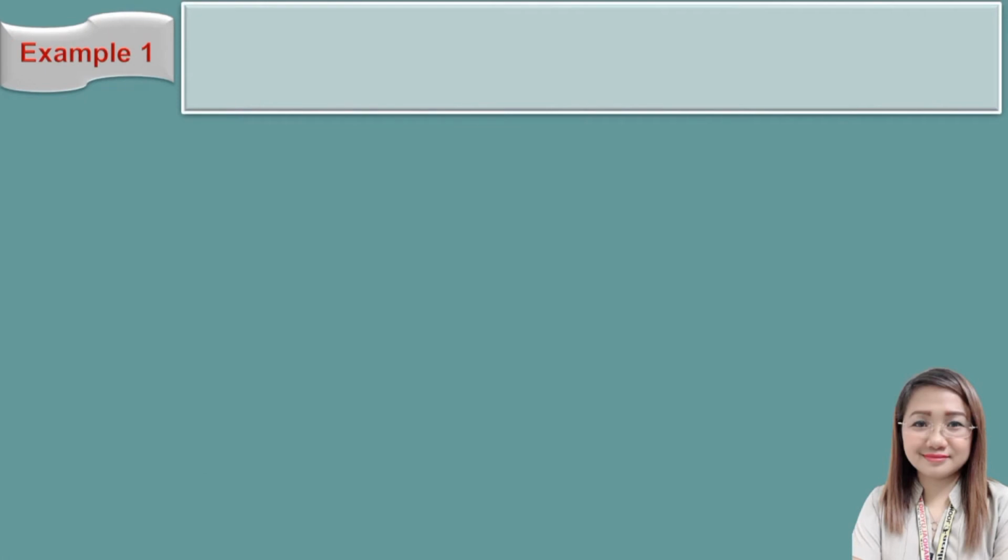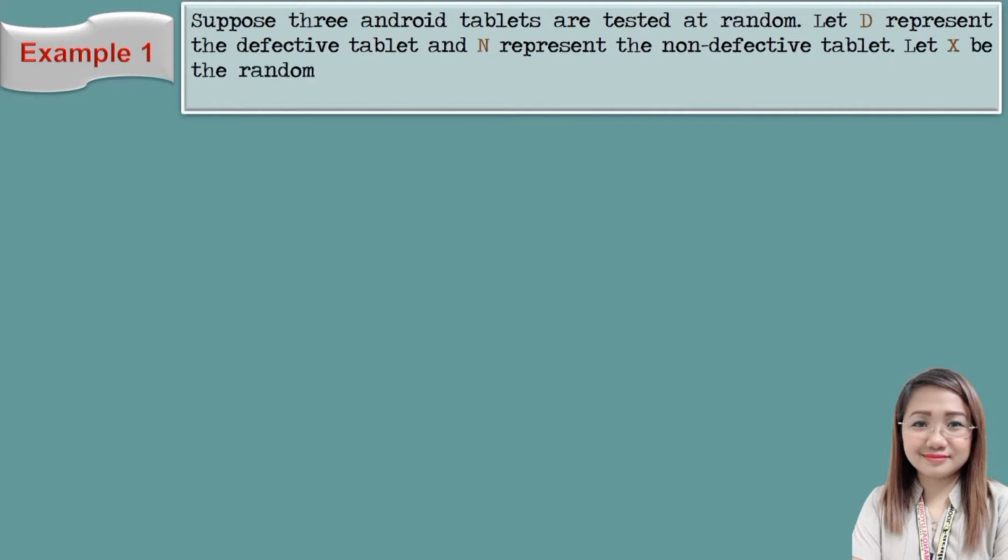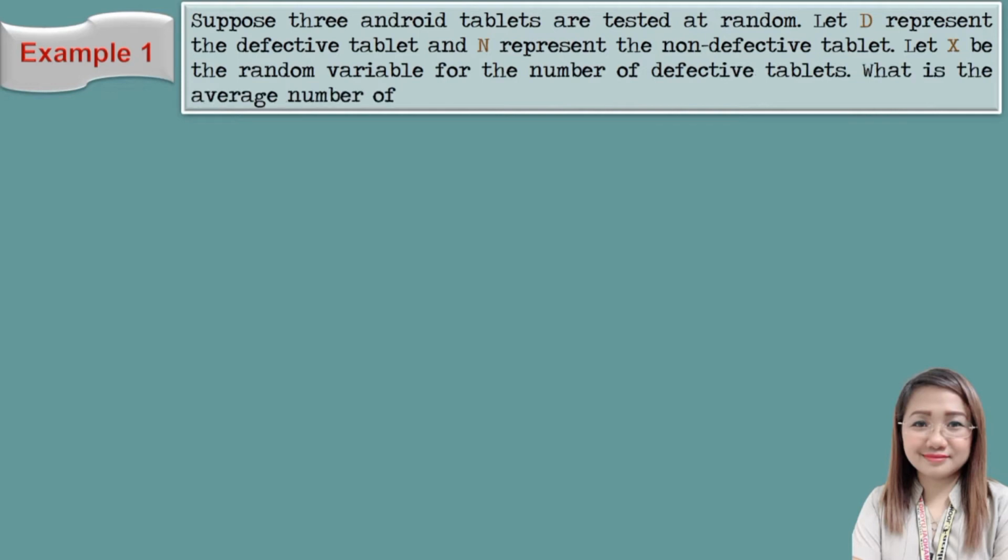Let's have example number 1. Suppose 3 Android tablets are tested at random. Let D represent the defective tablet and N represent the non-defective tablet. Let X be the random variable for the number of defective tablets. What is the average number of defective tablets?